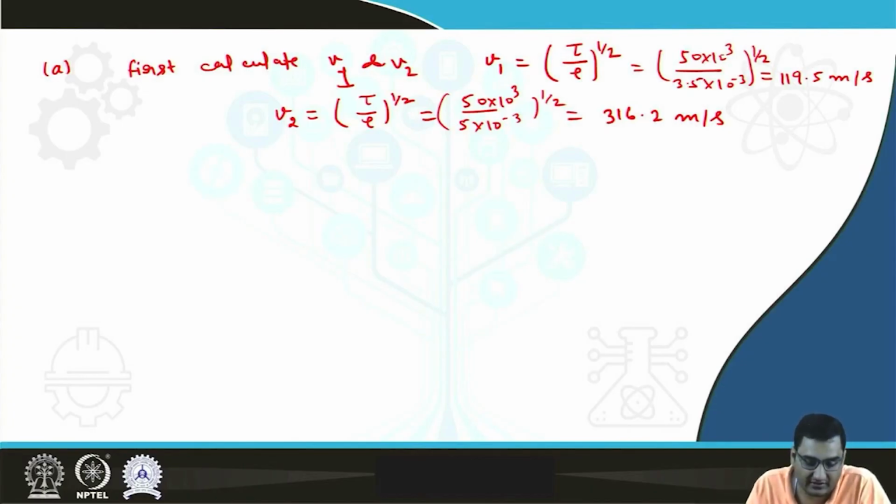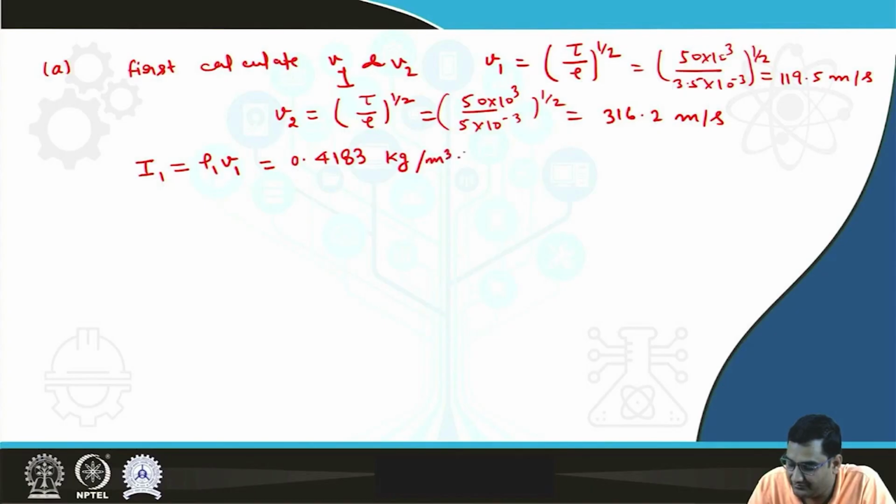For the transmission coefficient we need the value of impedance in both of the strings. So impedance I1 in string 1 is rho 1 and V1, and when you multiply, you will get 0.4183 kilogram per meter cube into meter per second.